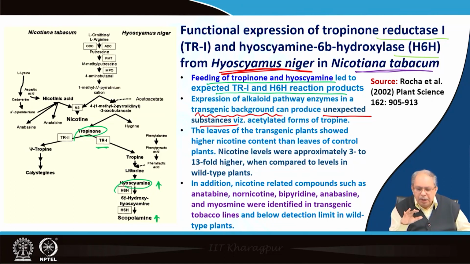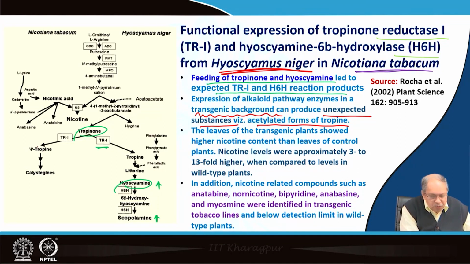The plant is meant for producing nicotine. So, that wild type biochemical background is now changed because you have inserted 2 genes for tropane biosynthesis. It is some sort of perturbed or disturbed state, and as a result they found unexpected substances like an acetylated form of tropine. This is tropinone to tropine.